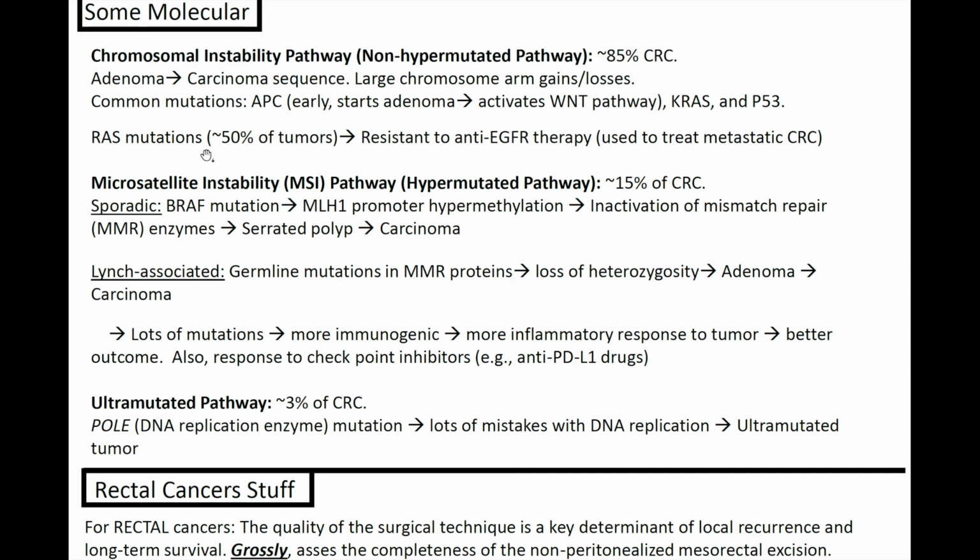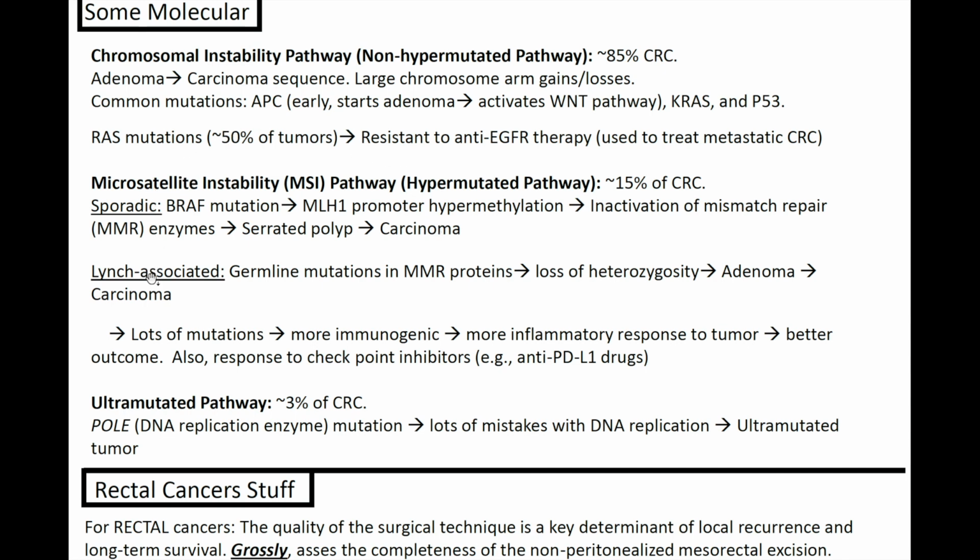The microsatellite instability pathway occurs in about 15% of colorectal cancer. In the sporadic, you can have the BRAF mutation leading to MLH1 promoter hypermethylation, inactivation of the mismatch repair enzymes, serrated polyp formation, and then carcinoma.